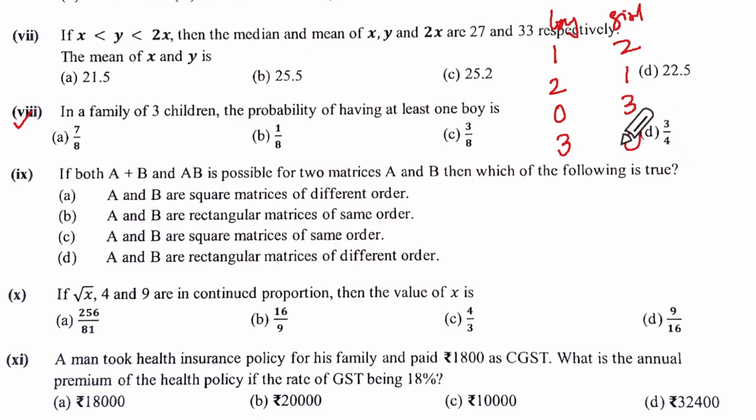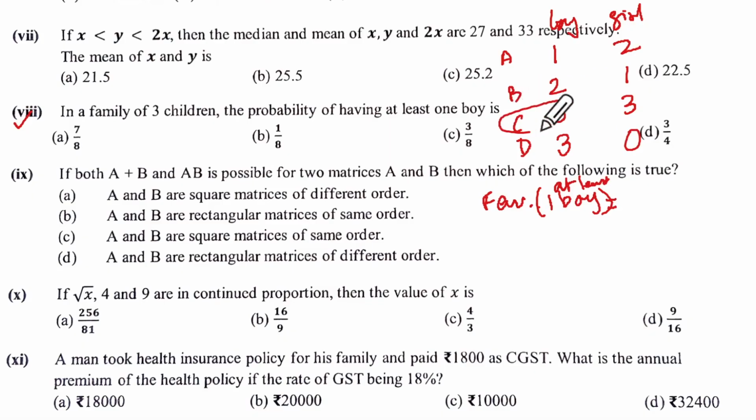Option D. So what are they saying? At least one boy. 3 upon 4. So the favorable outcome, if I call these A, B, C, D: at least one boy. At least means what? I can have 1, 2 as well as 3, but I can't have 0 boys.